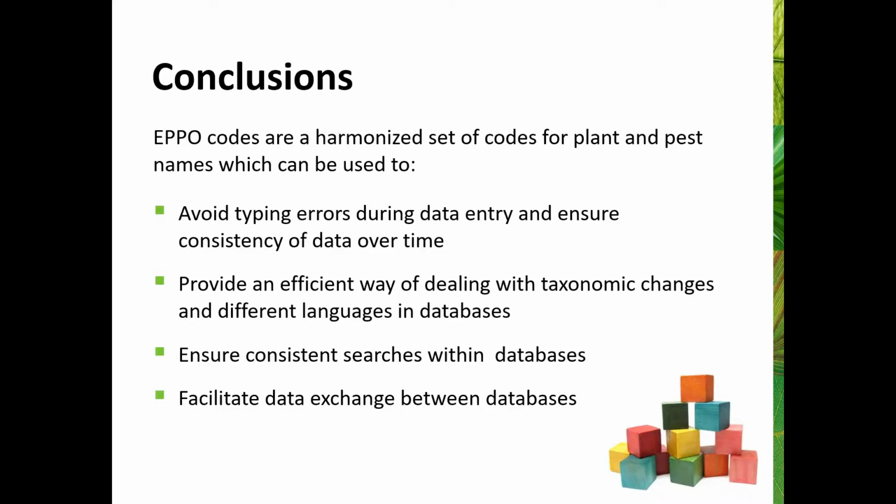These codes can be used to avoid typing errors during data entry, and therefore they ensure consistency of data over time. They do provide, in our view, an efficient way of dealing with taxonomic changes, as well as with using different languages in databases, which can sometimes be a challenge.